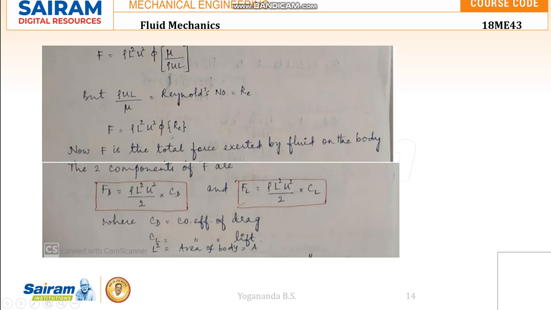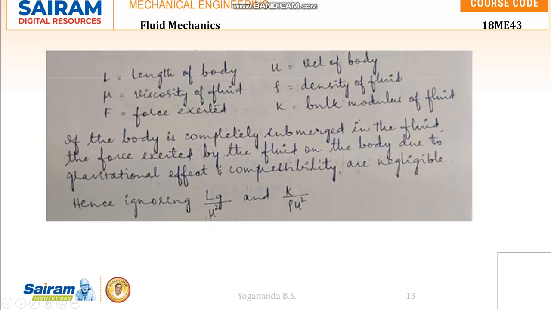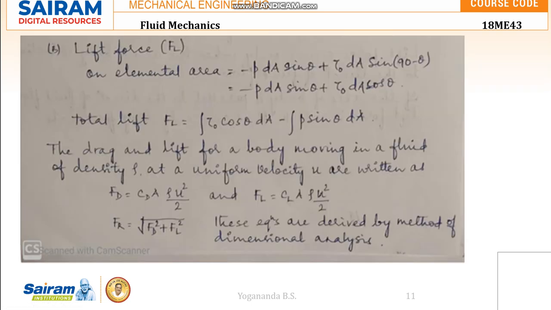L square is the area of the body, so in place of L square we have A. So we have rho A U square by 2 with the coefficient of drag in FD. Similarly, we have rho A U square by 2 with the coefficient of lift in FL. So the resultant force is given as the square root of FD square plus FL square.